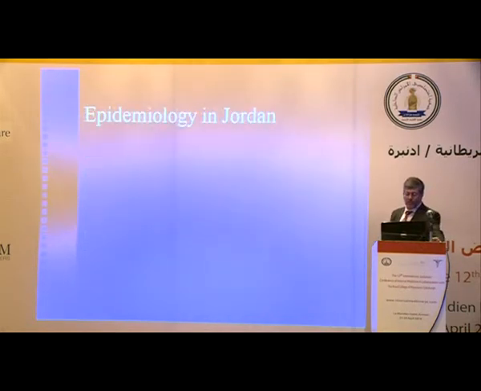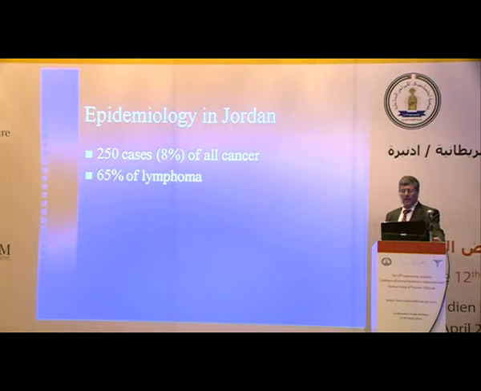If we go to the epidemiology in Jordan, in the year 2010, according to the census, we discovered 250 cases, which represented about 8% of all cancer in Jordan, and out of those, 65% are non-Hodgkin lymphoma, and 35% are Hodgkin disease, and this is a little bit lower in comparison to the US.